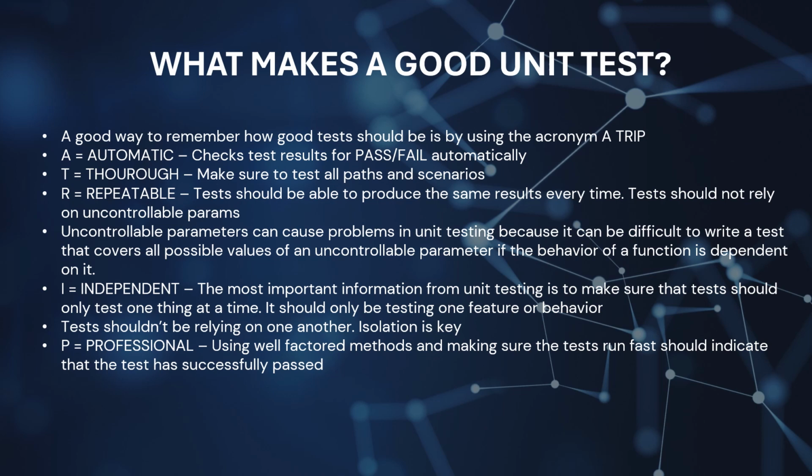It should only be testing one feature or behavior. Tests shouldn't be relying on one another. Isolation is key. P equals professional. Using well-factored methods and making sure that tests run fast should indicate that the test has successfully passed.